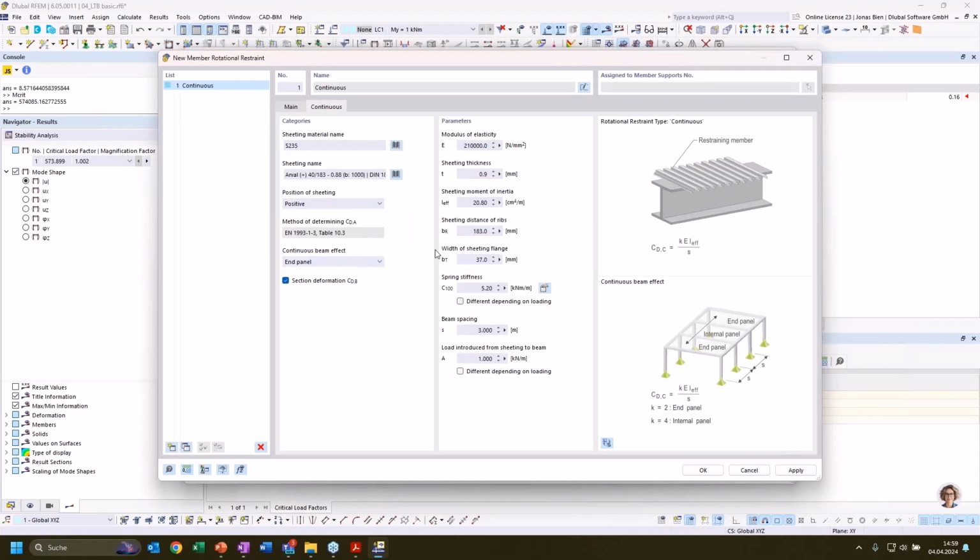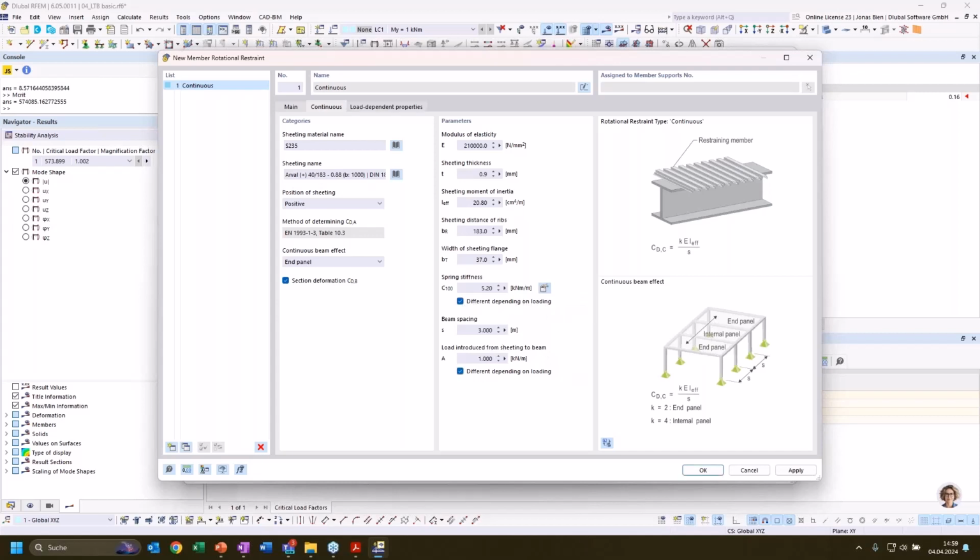Of course, these values were accessible all the time, but now we can, as I said, also leverage the stiffness that we define here in this global structural analysis. And one thing that is also new, and I want to highlight to you, is that for the spring stiffness of the connection between the trapezoidal sheeting and our member, and also for the load introduced to the sheeting, we can now set load dependent values.